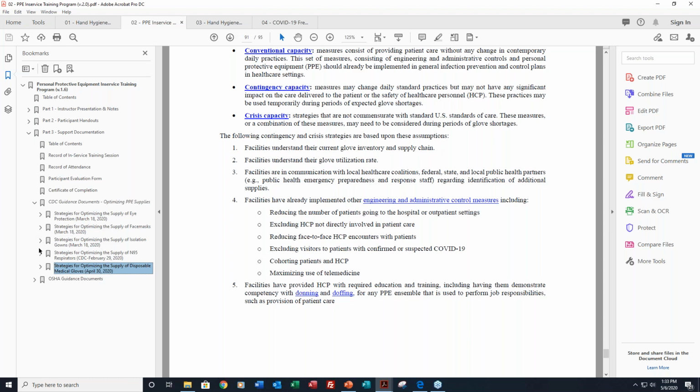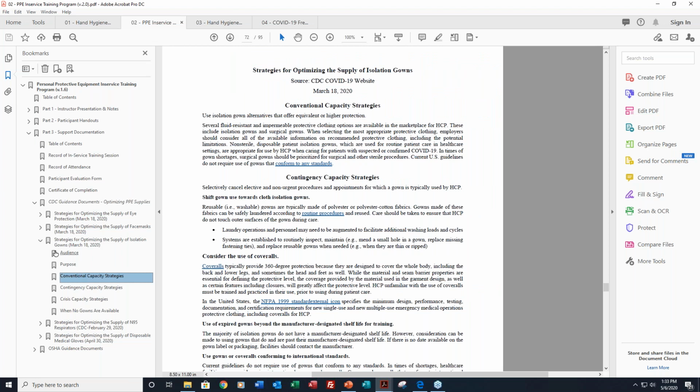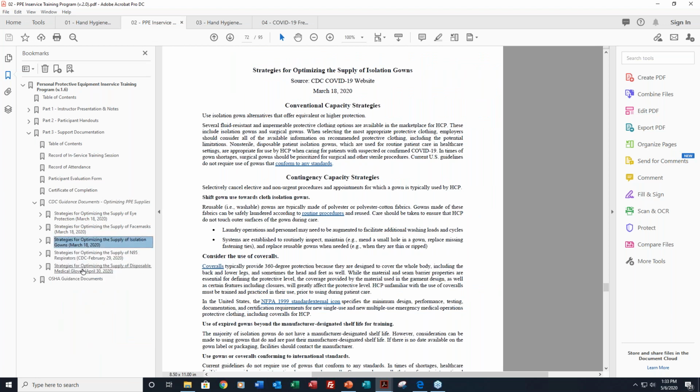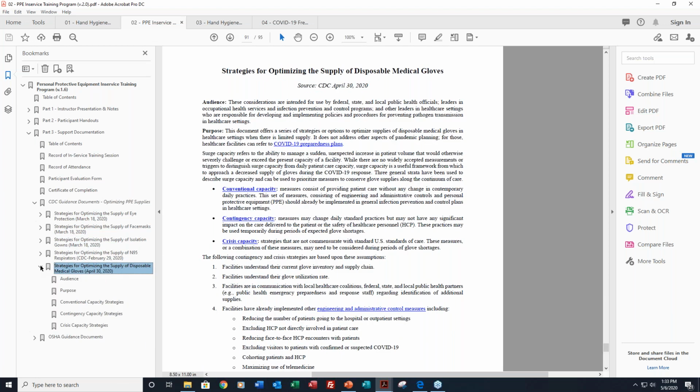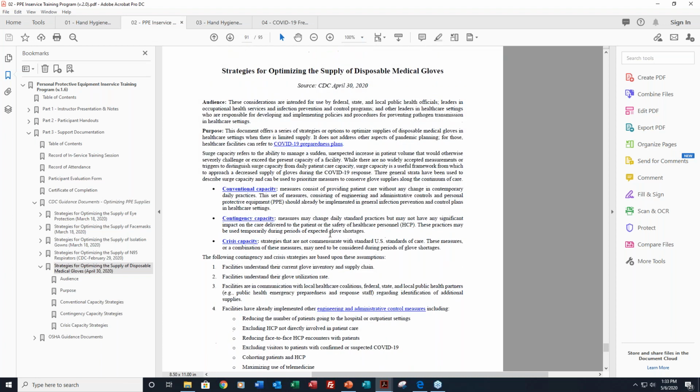You will find all of these documents are bookmarked. We don't just put them up there. Now, when we talked about going to the OSHA website or the CDC website, if you go to CDC and look for this document, you can find it, but it's not going to be in this format. TSI wants to make sure that the documents are easier for you to read.